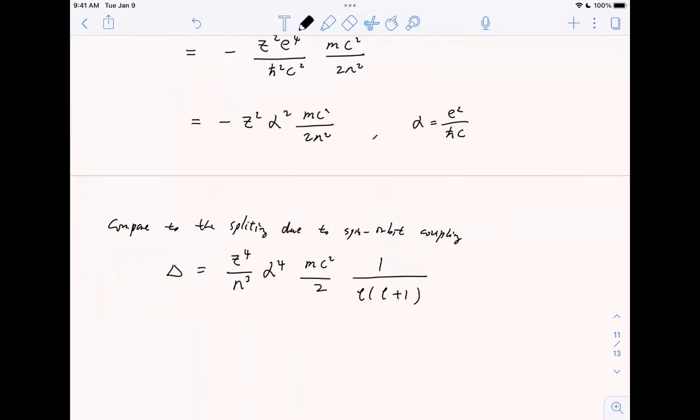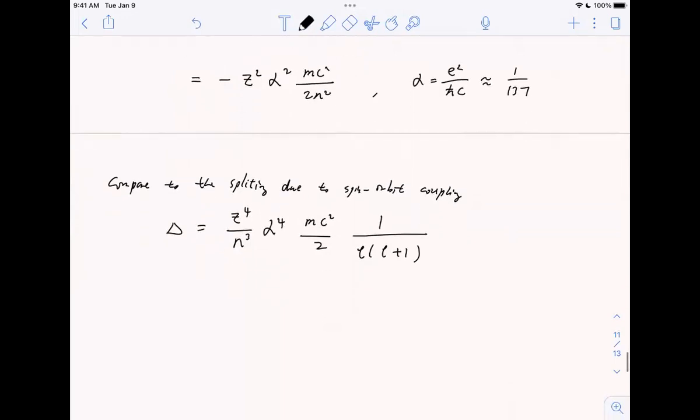You can already see this is alpha squared. This is alpha to the power 4. And this is approximately 100 times, so you can see it is about 10,000 times smaller. But of course, you need to consider this factor as well. The other factors. Okay, so you plug it in.